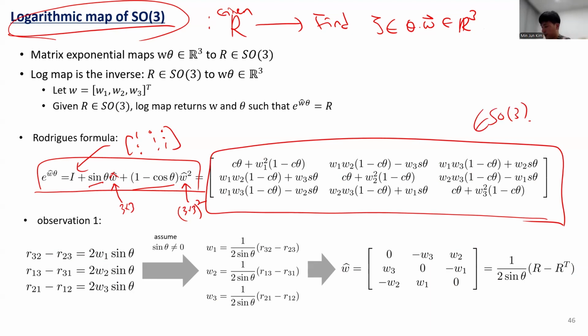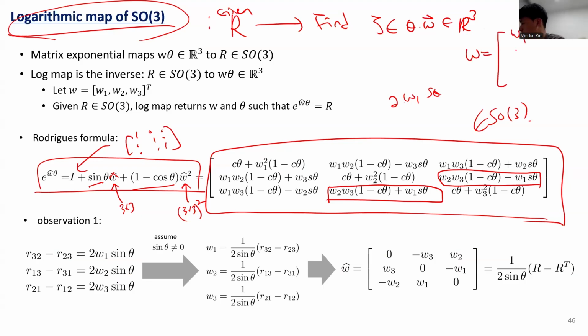Here we have several observations. If you subtract this one and this one, then you always get 2 times omega 1 times sine theta. Here, omega 1 means the first component of omega, then second component, third component, okay?